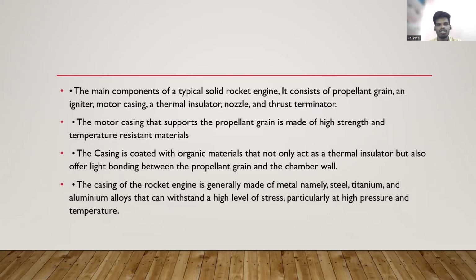The motor casing that supports the propellant grain is made up of high strength and temperature resisting materials, and the casing is coated with organic materials that not only act as a thermal insulator but also offer a light bonding between the propellant grain and the combustion chamber. The casing of a rocket engine is generally made up of titanium and aluminum alloys, which can withstand high levels of temperatures and stresses, particularly high pressure and temperatures.